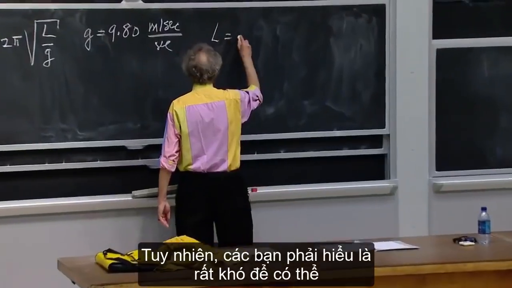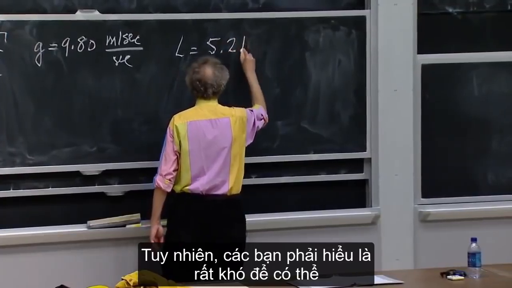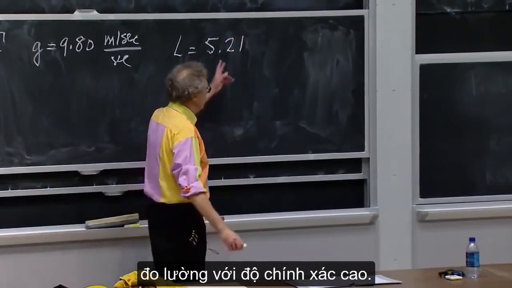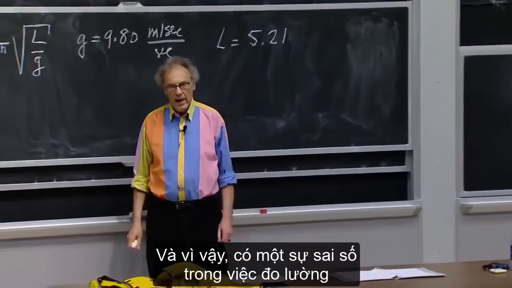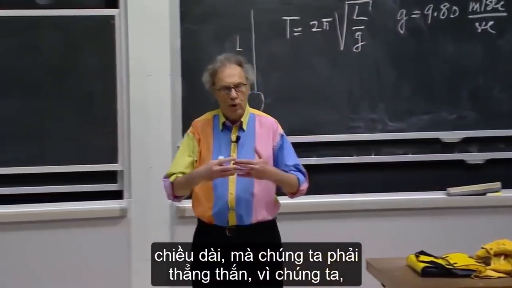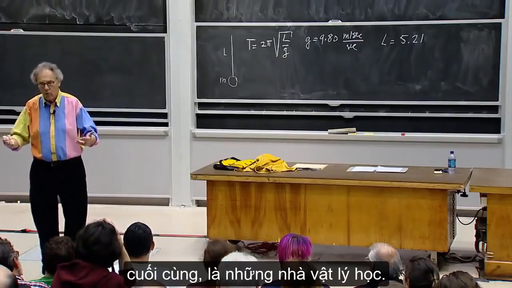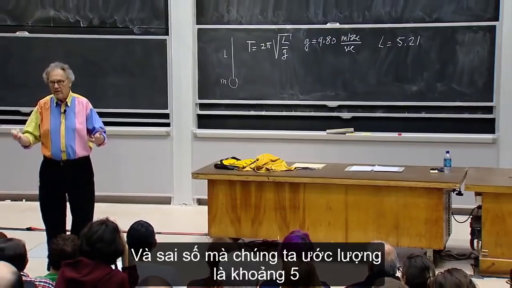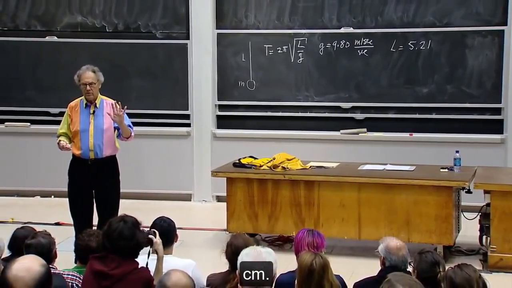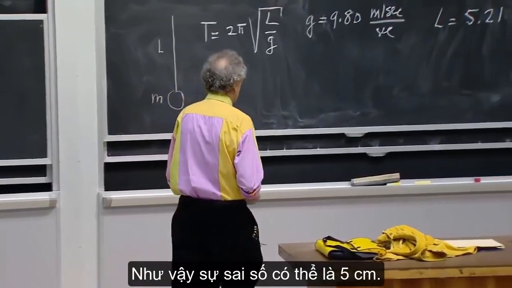However, you must understand that it is very difficult to measure that to very high accuracy. And so there is an uncertainty in the measurement of the length that we have to be honest about, because we are physicists after all. And the uncertainty we estimate is about 5 centimeters. So we could be off by 5 centimeters.